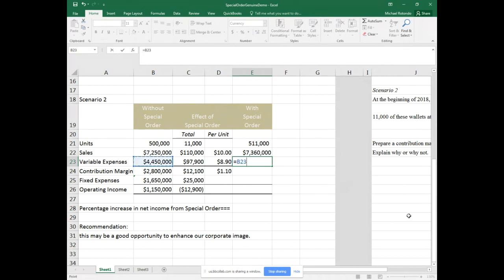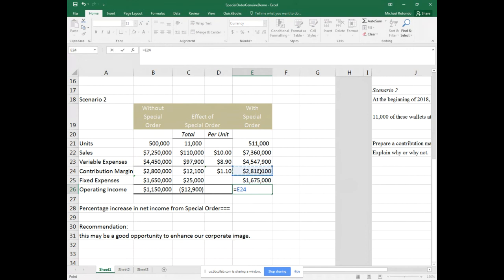Our variable expenses are going to be 4,547,900, and our contribution margin with the special order is going to be 2,812,100. Now we have these additional fixed expenses as well. So now we have fixed expenses of $1,675,000.